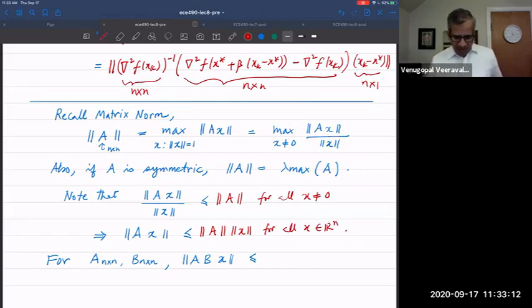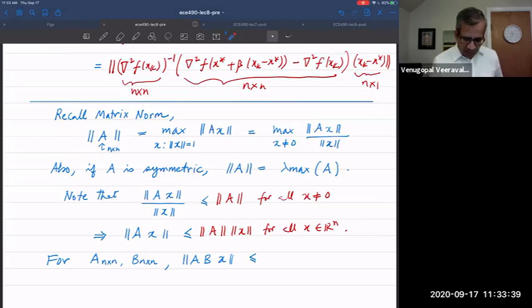So what this is saying is that if I look at the norm of A times a vector x, and A is a symmetric matrix, actually, this is true more generally, but we'll be using it for symmetric matrices anyway, it'll be less than or equal to the norm of the matrix A times the norm of x.